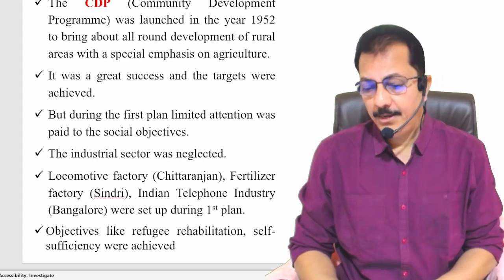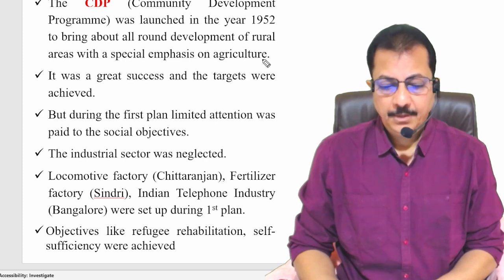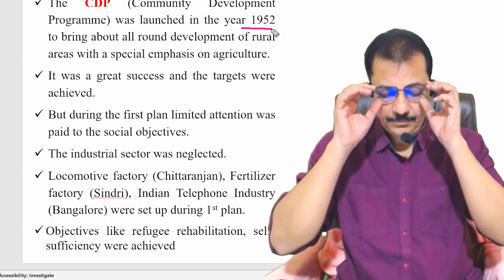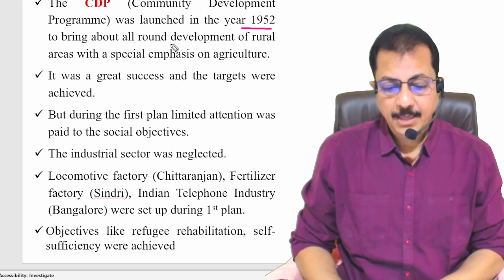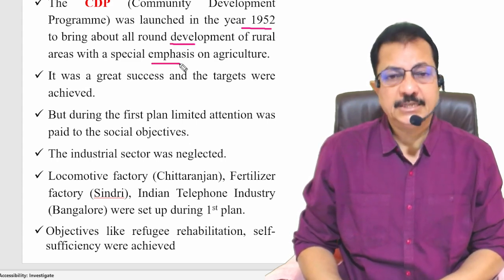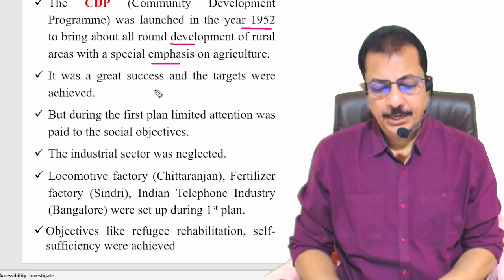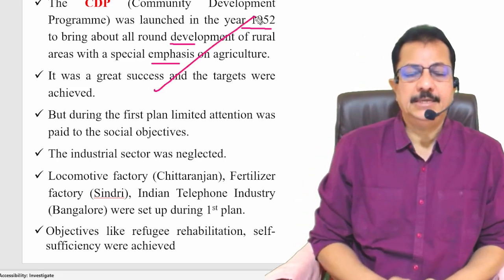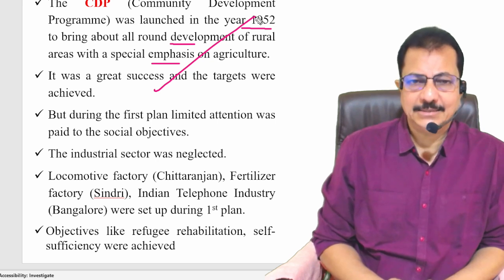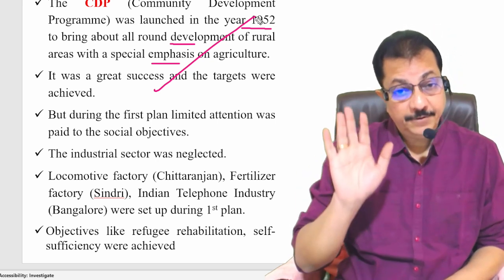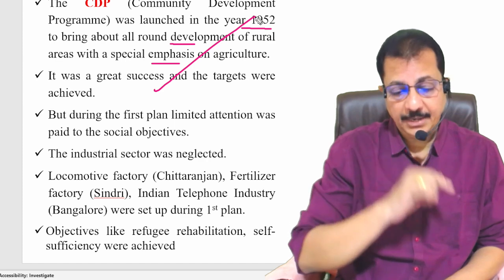Clear? Now look at the points here. The CDP was launched in the year 1952, to bring about all-round development of the rural areas with a special emphasis on agriculture. Sorry, I'm taking that back.